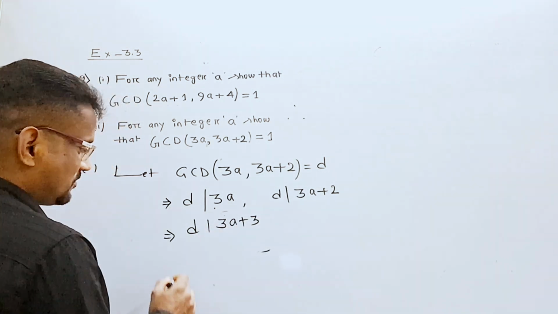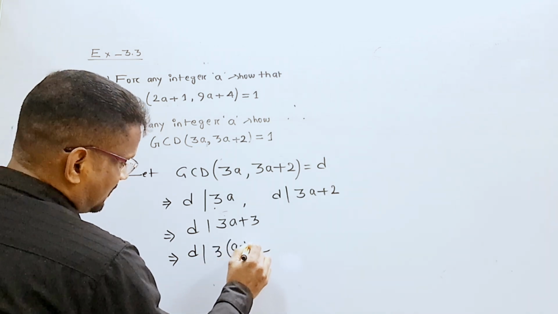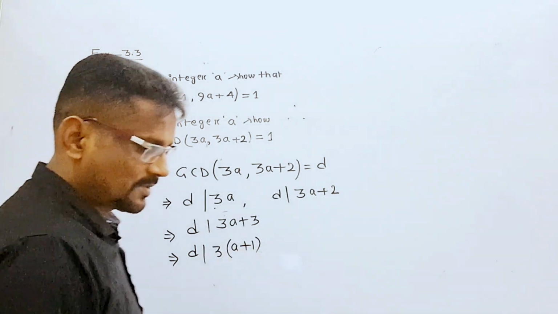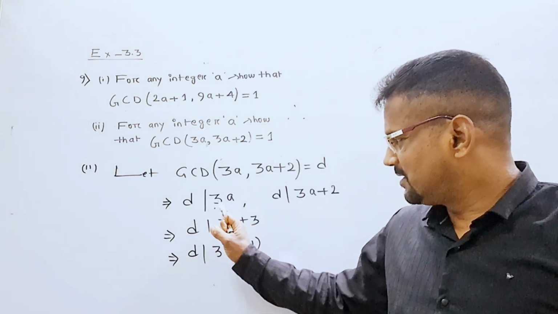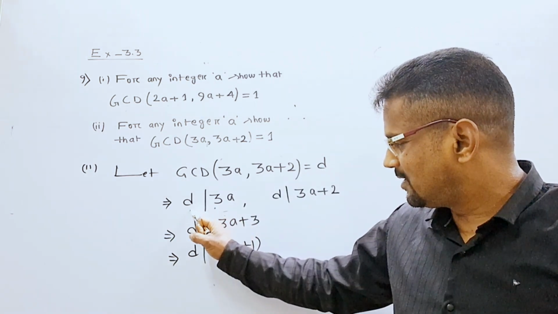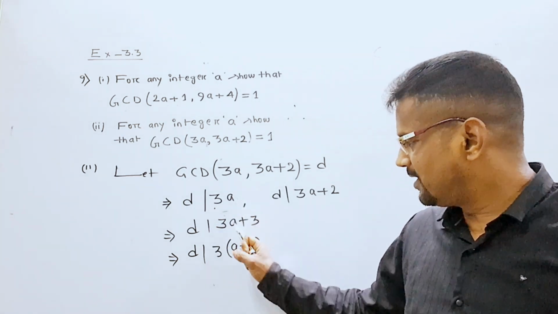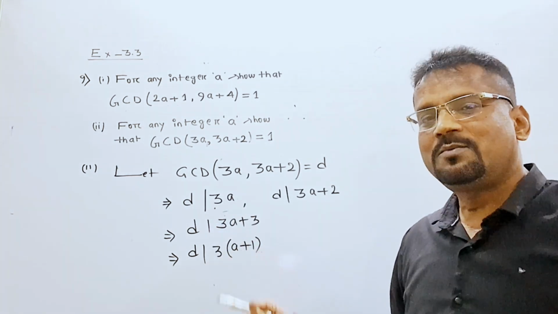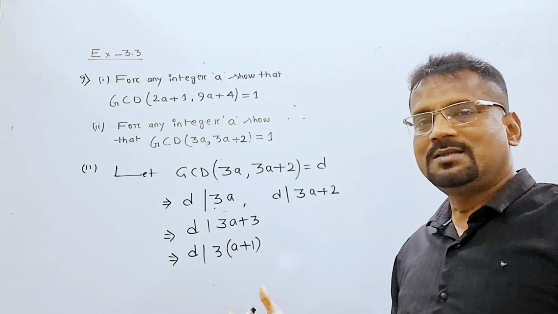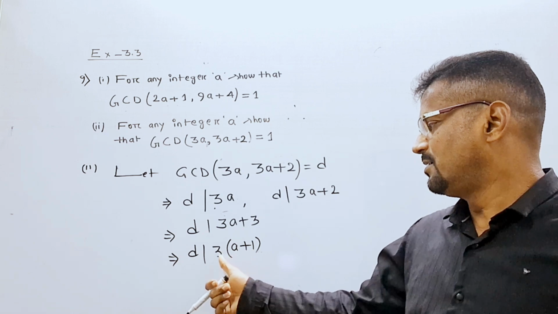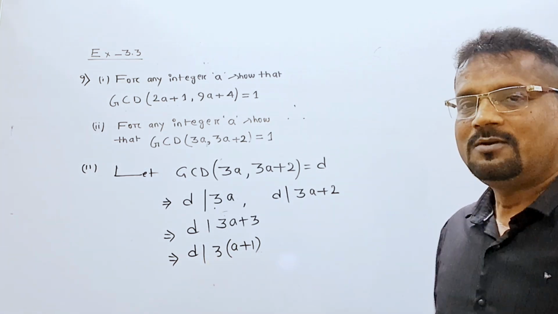It is true. Why? Because D divides 3 times a + 1. What's the justification here? This statement itself says that D divides all the multiples of 3. And if you add 3 here, again the result becomes a multiple of 3. Whatever integer you take, a + 1 is again an integer, so 3 times some integer is a multiple of 3.